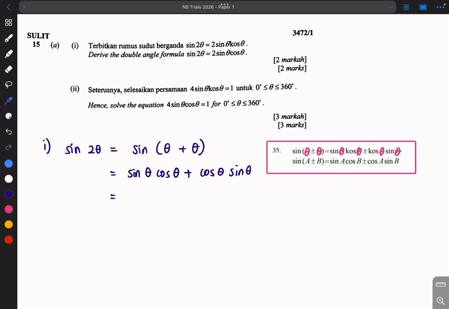Then we must know that sine theta cos theta and cos theta sine theta are the exact same thing, because cos times sine is equivalent to sine times cos. So we can say this is equivalent to 2 sine theta cos theta. Done. We already derived. That's it. Okay, done.